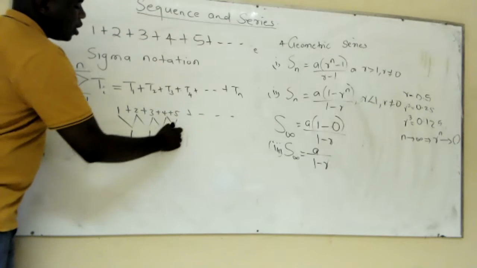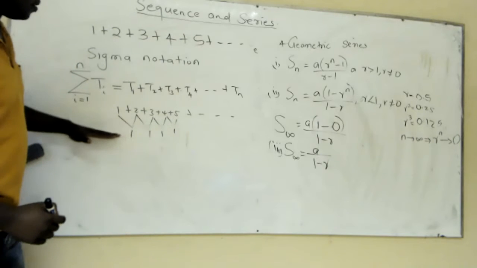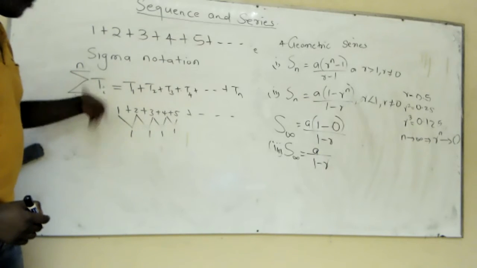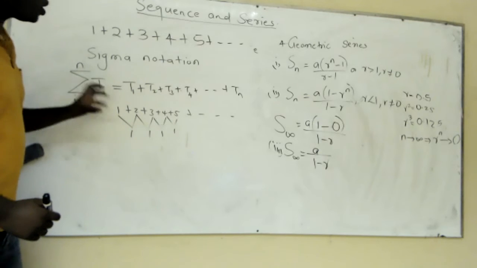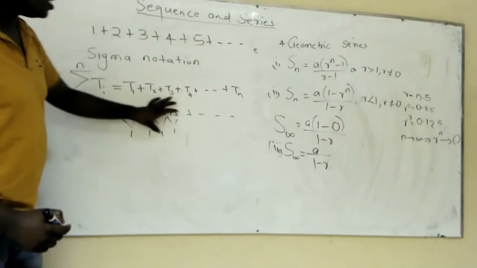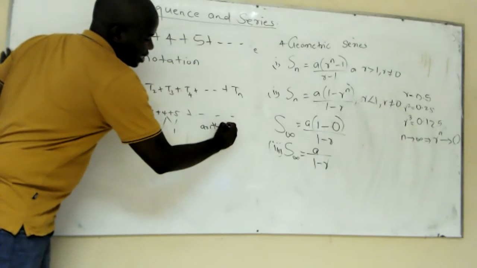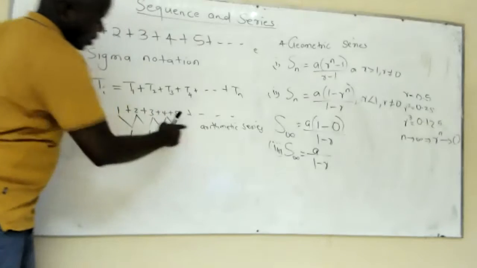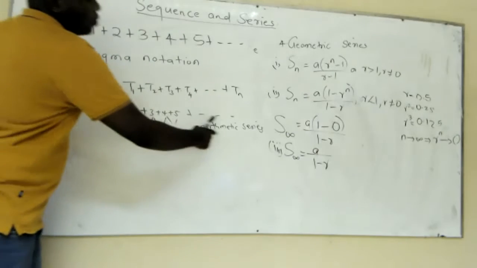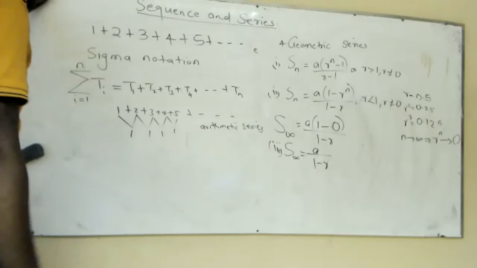I believe you can see that in this case we're having the same number, which confirms that what we are dealing with is an arithmetic series. Otherwise, if we did not get the same number here, we would not be able to confirm that what we are dealing with is an arithmetic series.